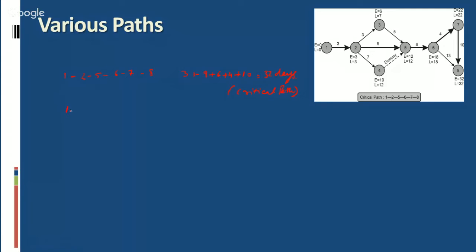Second path is 1, 2, 3, 5, 6, 7, 8. And duration will be 3 plus 3 plus 5 plus 6 plus 4 plus 10 equal to 31 days.